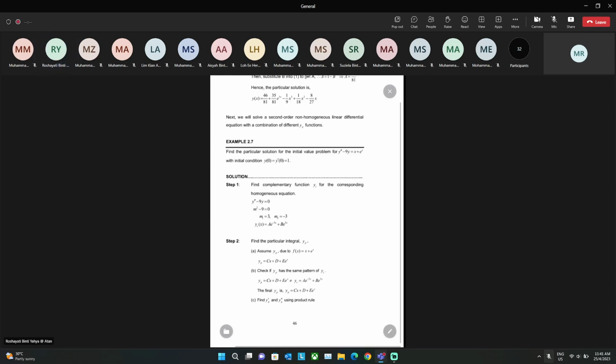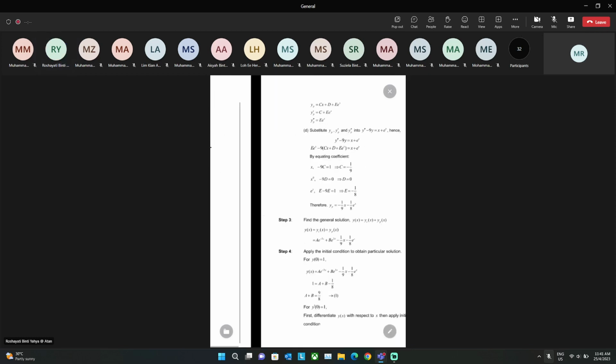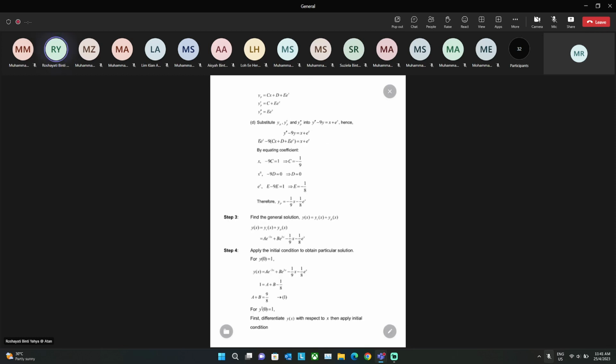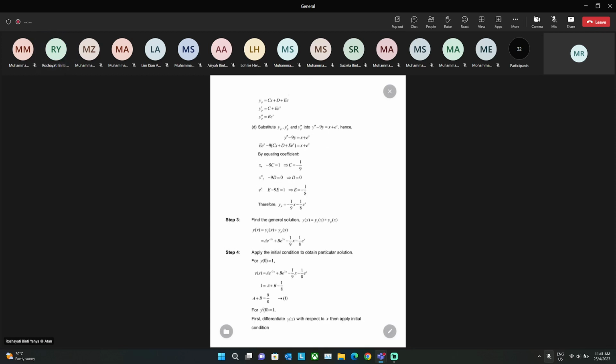By using product rule, can you all get it?